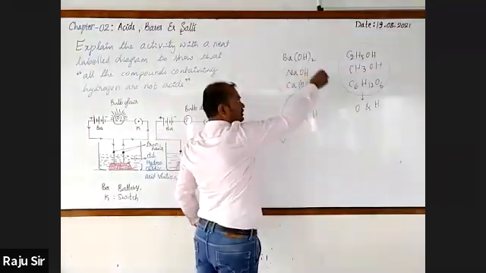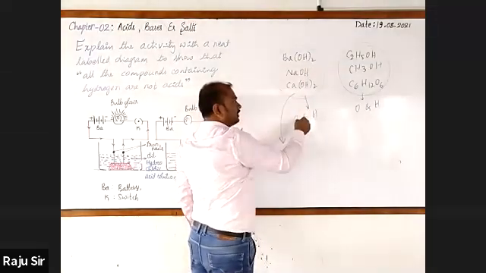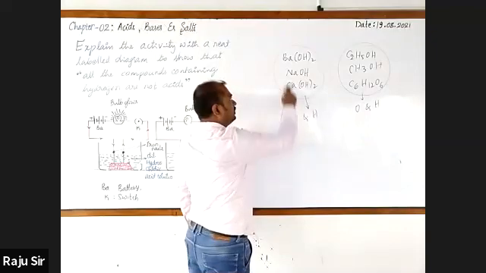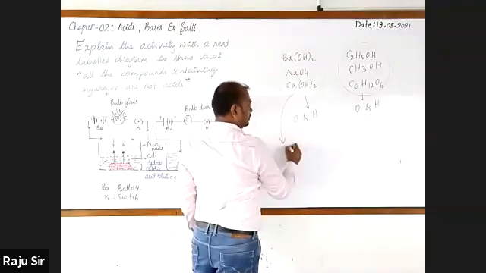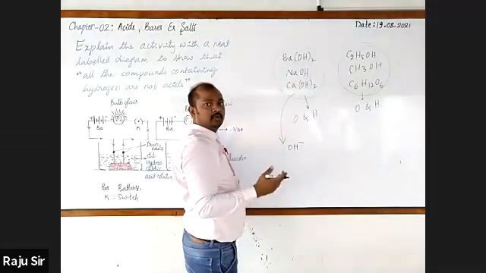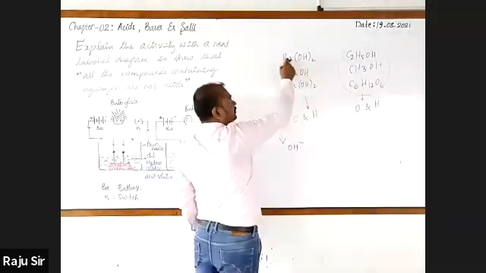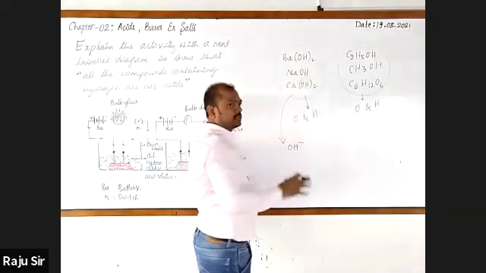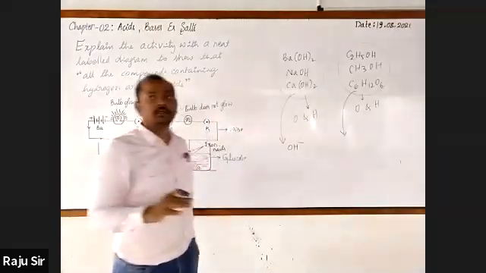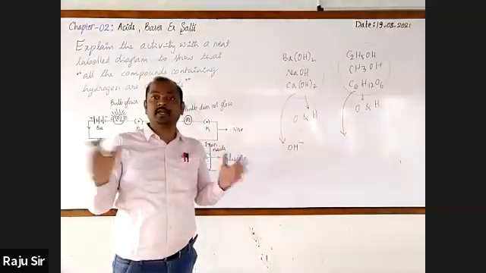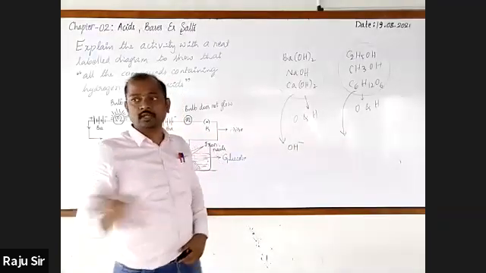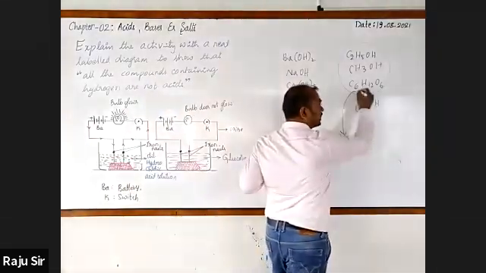These compounds which contain oxygen and hydrogen, when they are dissolved in water, produce hydroxide ion with the respective cation, the Ba2+, Na+, Ca2+ ions. Whereas when these others are dissolved in water, they do not separate their ions. They do not release their ions.